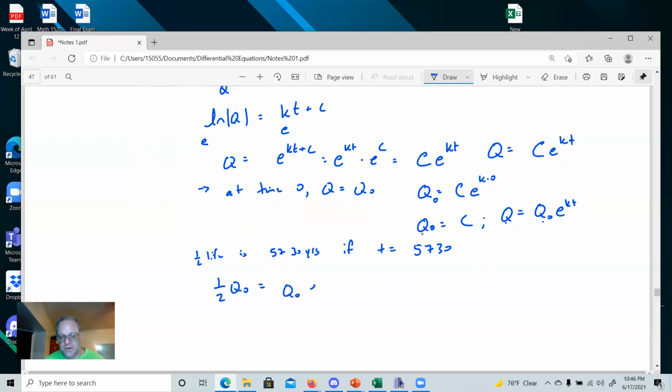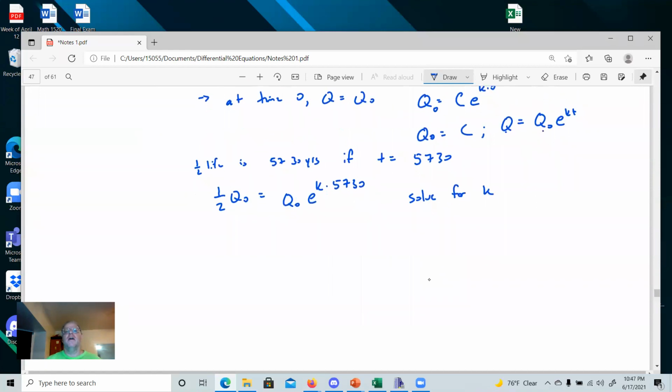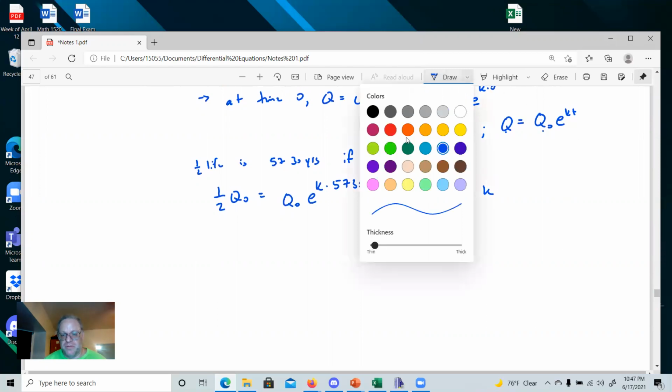Equals q0 e to the k, and I have 5,730 here, don't I? And we're going to solve for k. And again, if you had college algebra or pre-calculus here, this should be a very familiar problem to you.